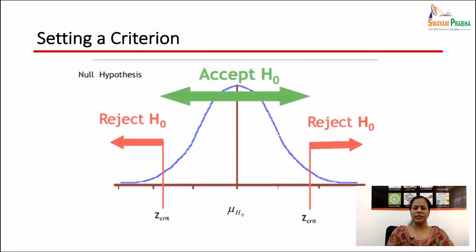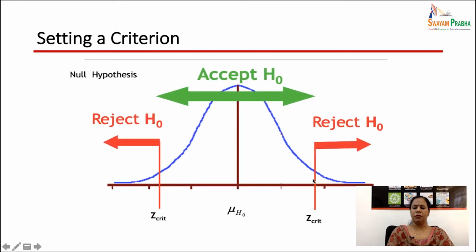If you see this particular normal distribution curve, you can see that these areas which are really extreme, or which are beyond the 2 standard deviation, are the values which are usually 2.5% on either side. So it means 5% of the values are usually coming in the zone of rejection.